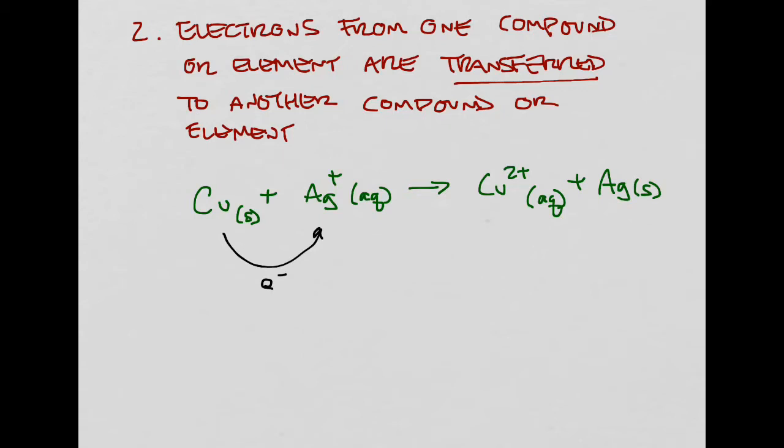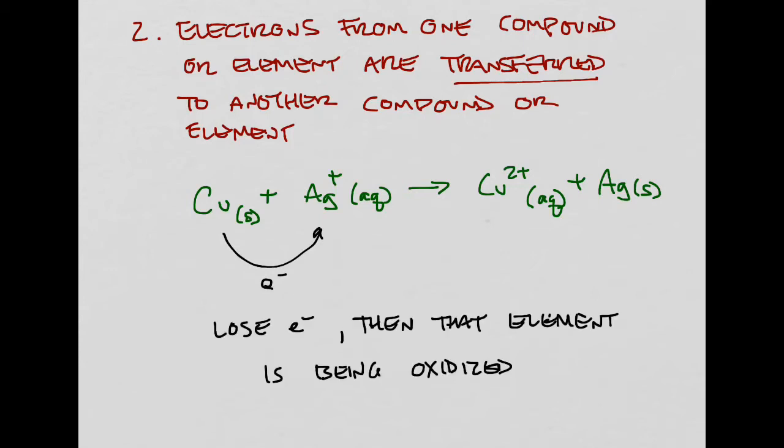Now, in this case, in terms of this concept of oxidation versus reduction, the copper is the thing that's being oxidized. Copper is being oxidized. So when you lose an electron, you are being oxidized. So in this case, clearly the copper is what's being oxidized in this reaction.